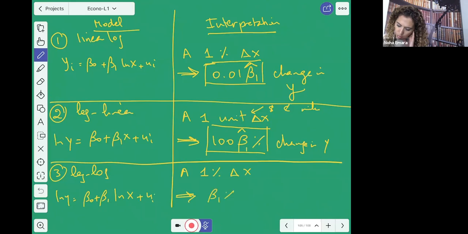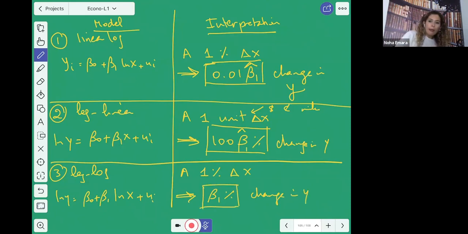You just add the percentage sign, change in y. That's it. Okay, so I think it's clear now, and I hope you don't have any confusion about the interpretation of these models. All right. Okay, let's do next.